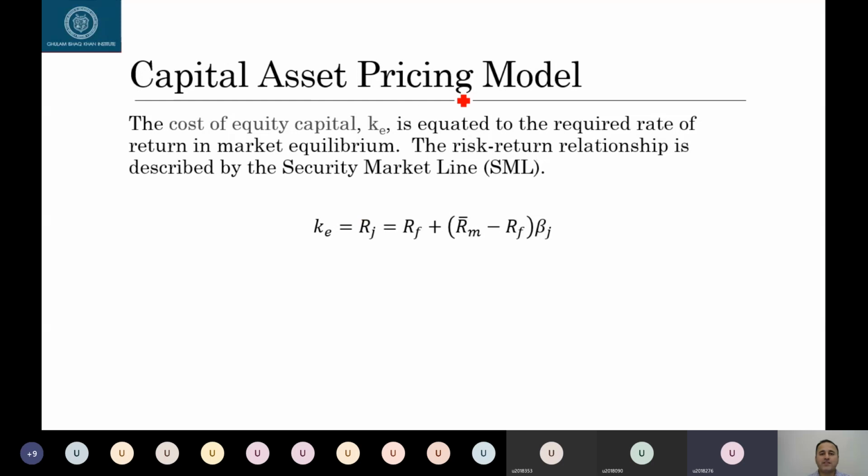Now, capital asset pricing model. We covered this in chapter number 5, risk and return. So the cost of equity capital, KE, is equated to the required rate of the market in market equilibrium. The risk return relationship is described by the security market line.